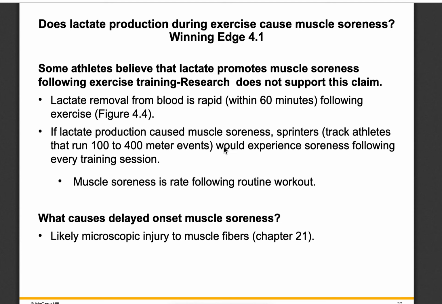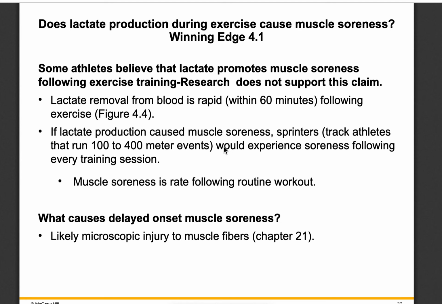What usually actually causes OBLA, sorry, not OBLA. DOMS, delayed onset of muscle soreness. OBLA, we talked about before, onset of blood lactate accumulation. What really is happening for muscle soreness is microscopic muscle tears. So when you use your muscles, they tear slightly.